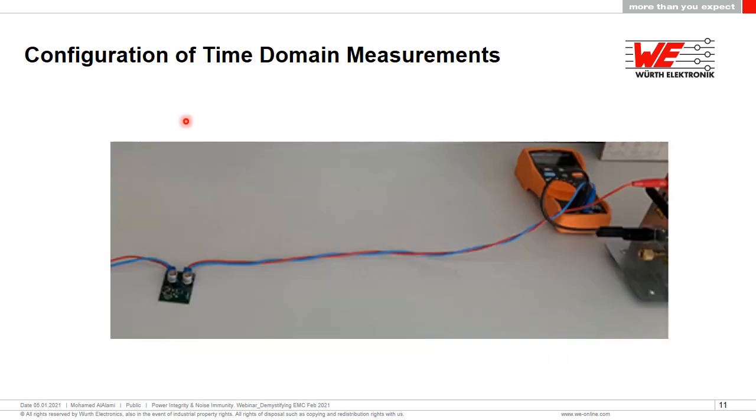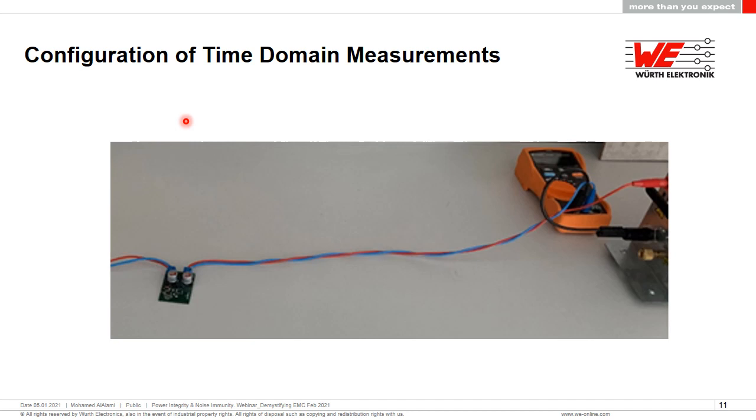Okay, that covers the bad design example. Now let's see how we actually set up to do the measurements. We did two types of measurements for this testing. We set up time domain measurements, and for that we used the RTO 2014 Rohde and Schwarz oscilloscope. It's a fantastic piece of kit: 1 gigahertz bandwidth, 10 gigasamples per second, and 4 channels.